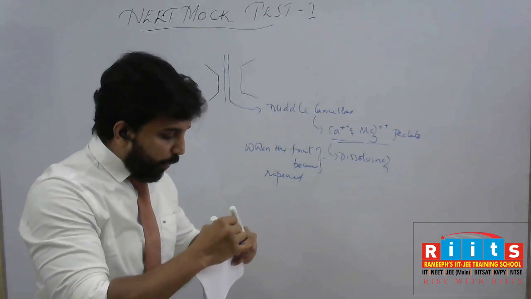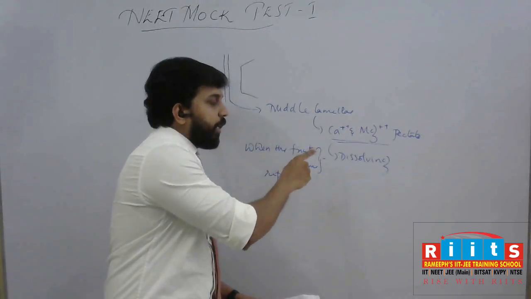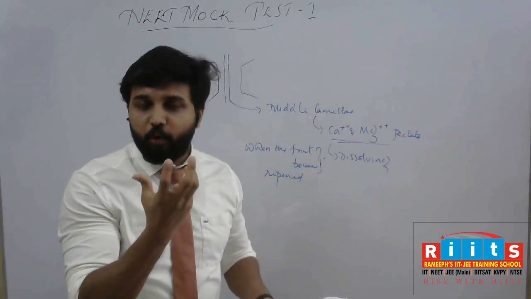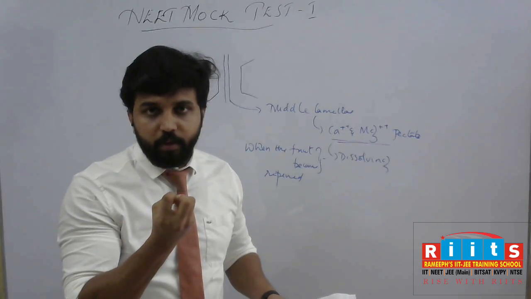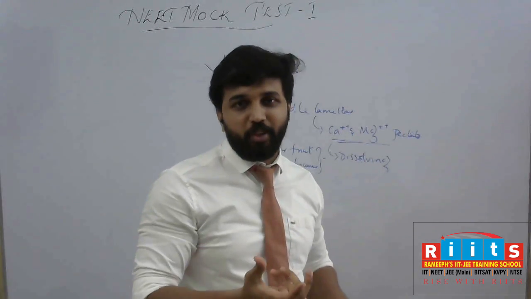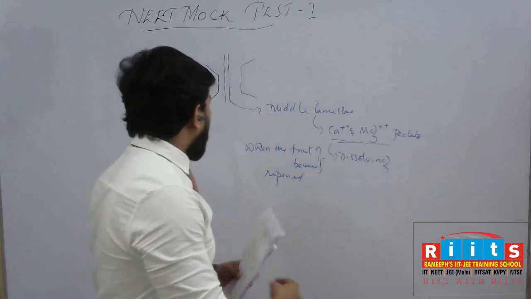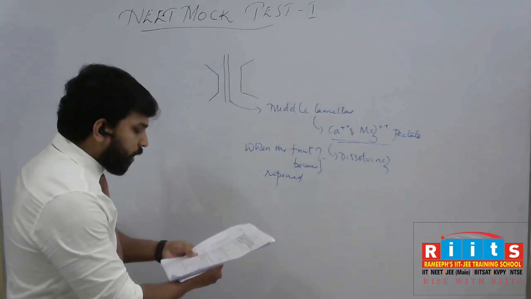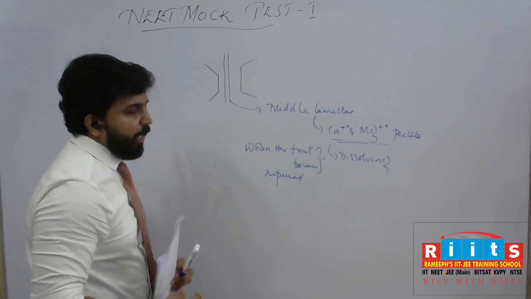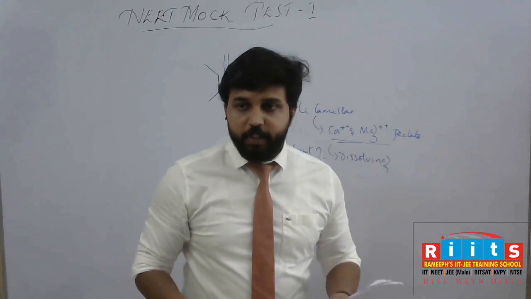So middle lamellae is made up of calcium and magnesium pectates. When the fruit becomes ripe, it starts dissolving and the fruit becomes more soft, and it performs maximum respiration rate with the help of ethylene hormone.